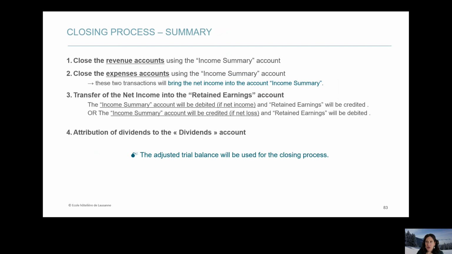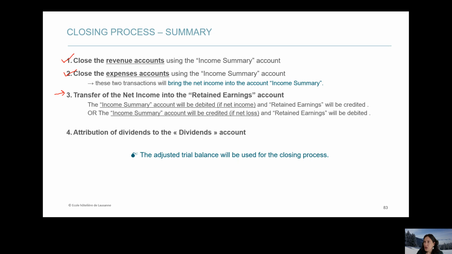On this slide, you have a summary of the closing process. Step number 1, you close the revenue accounts. You bring them into income summary. Step number 2, you close the expenses accounts. Again, you bring them into the account income summary. Step number 3, you're going to transfer the net income into retained earnings.